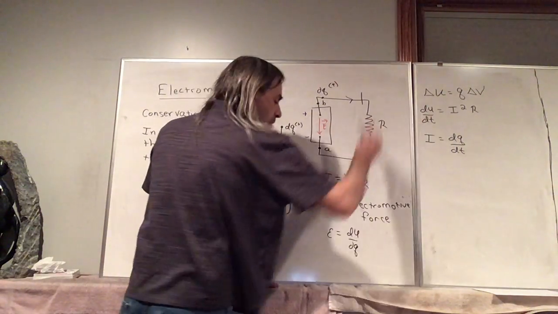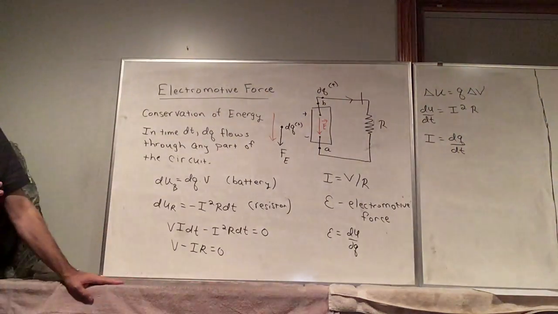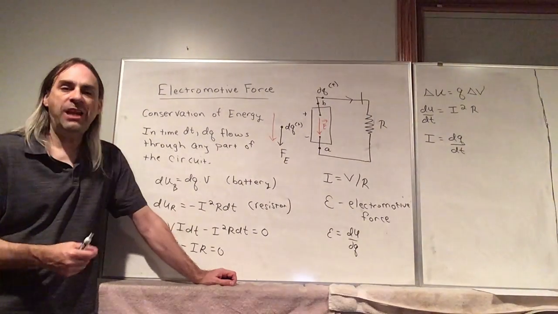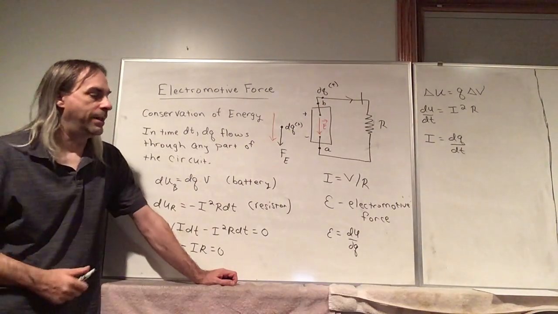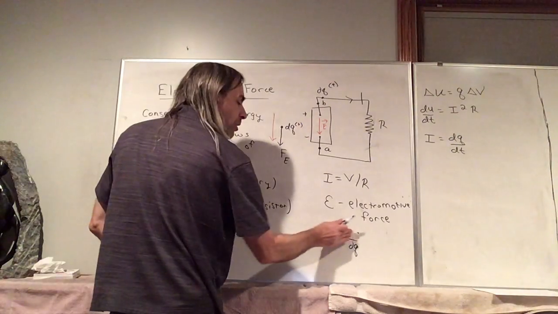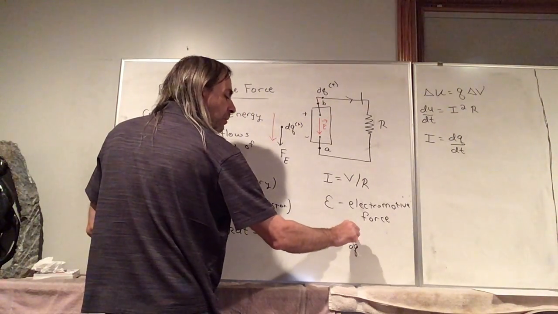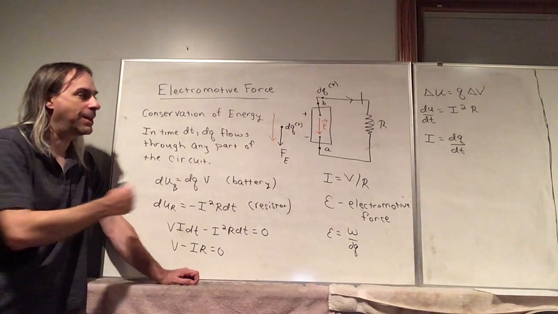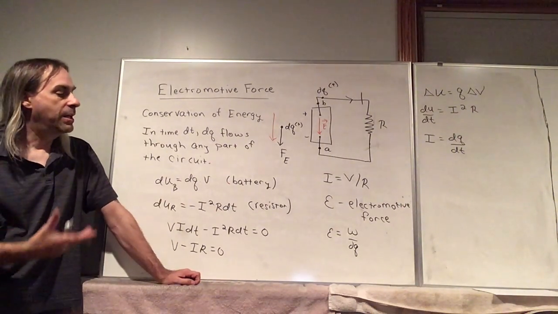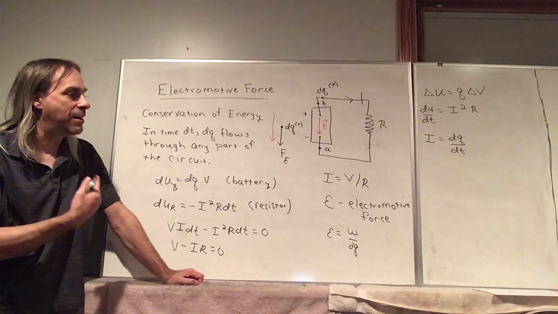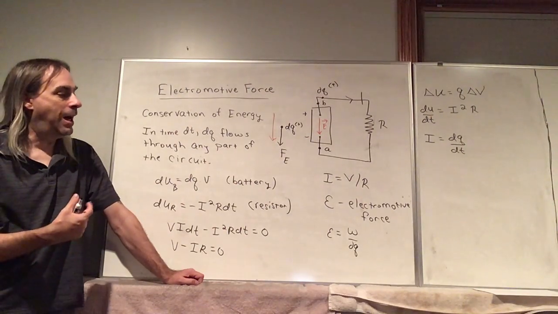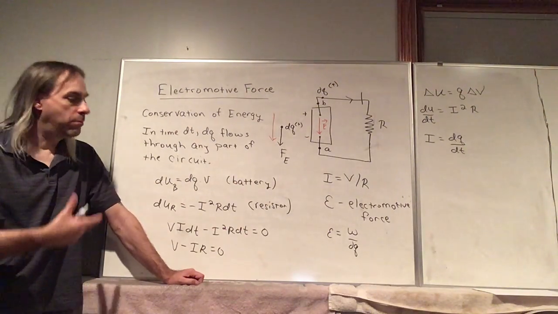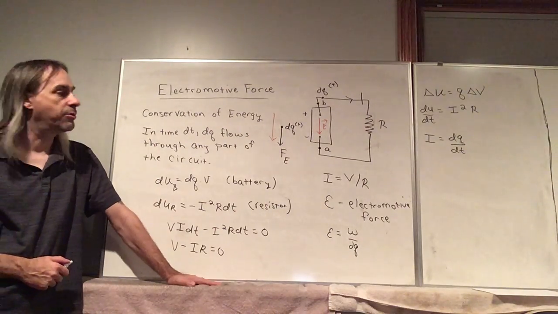It's defined as the change in energy, or the work done. That may be a better term. The battery is doing work on that charge to force it to go against the electric field. So the EMF is defined as the amount of work it's doing on a given charge dq divided by that charge.